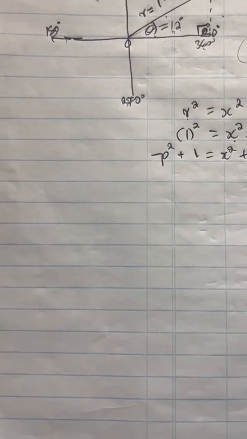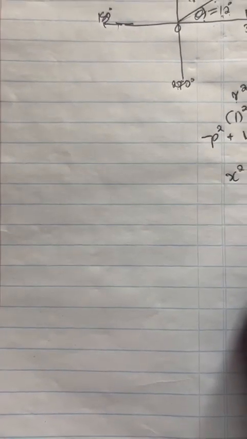Everything you do in maths, what you do on the left, you also do on the right. This one cancels this one, and then we're going to be left with x squared on this side, and this side is going to be 1 minus p squared. So it's like this, x squared equals 1 minus p squared.